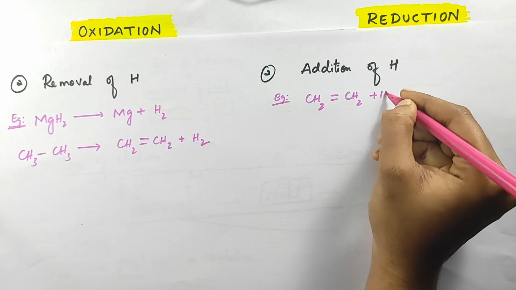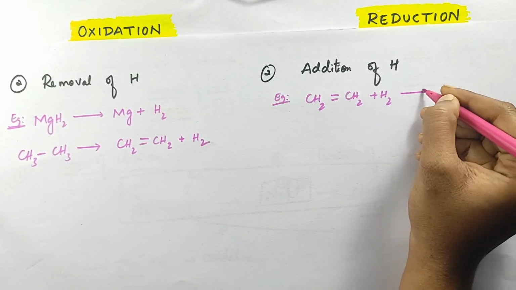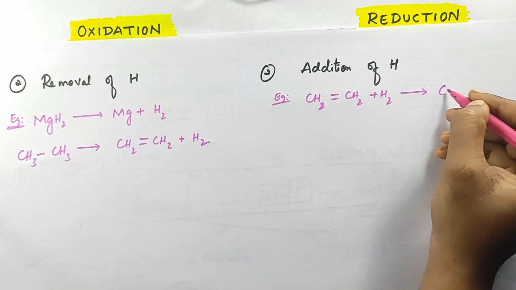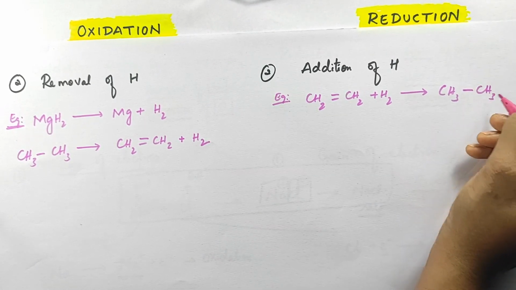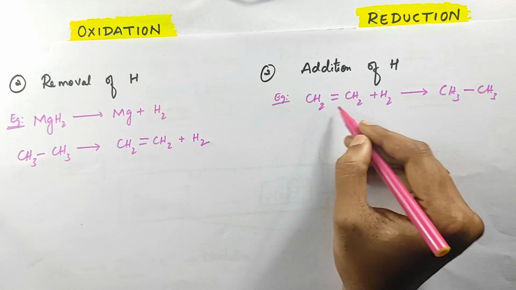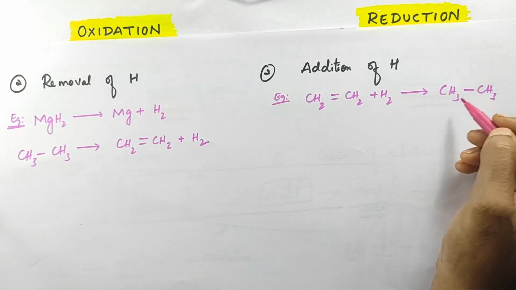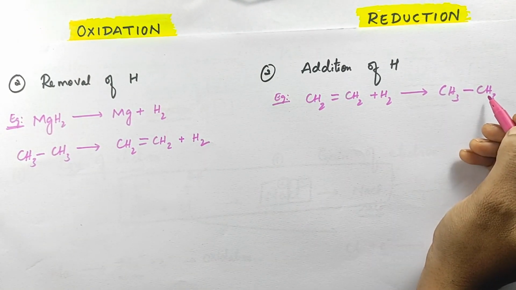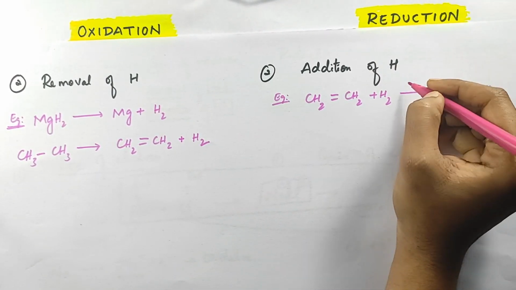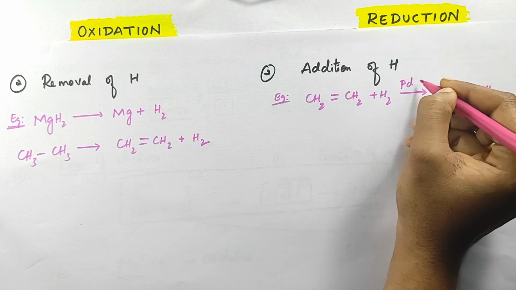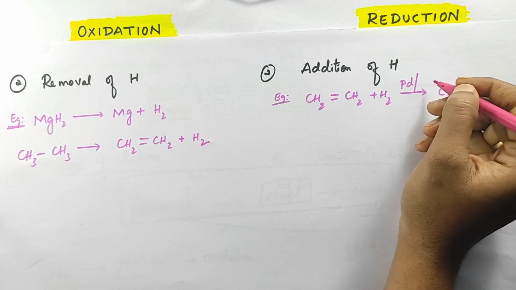By the addition of hydrogen, it is converted into CH3 single bond CH3. Here the hydrogen is added to each carbon to form CH3 and CH3. So addition of hydrogen is a reduction process. This reaction takes place in the presence of palladium.